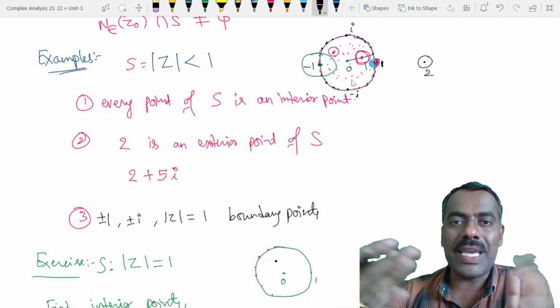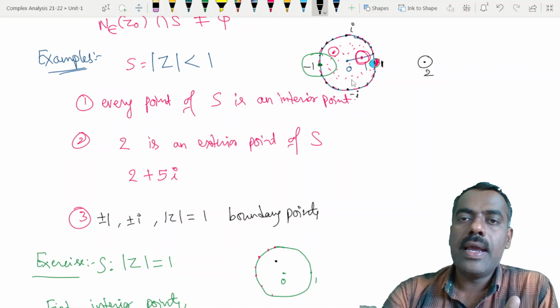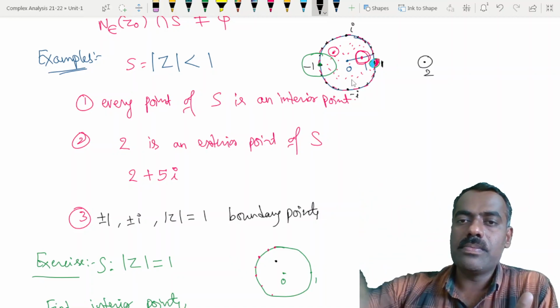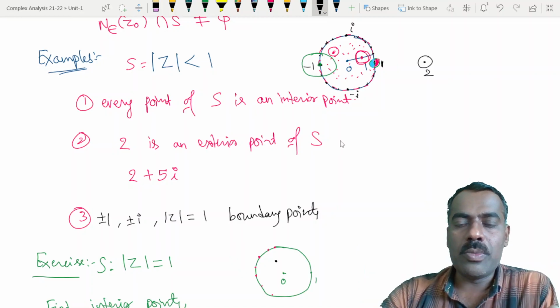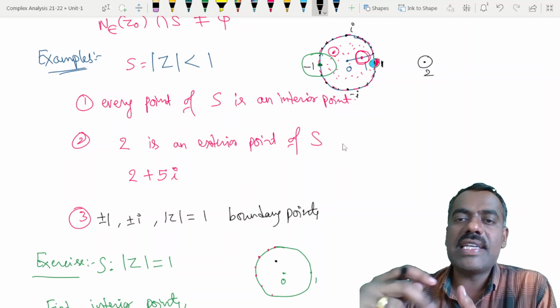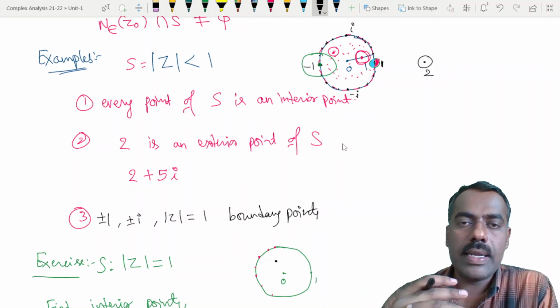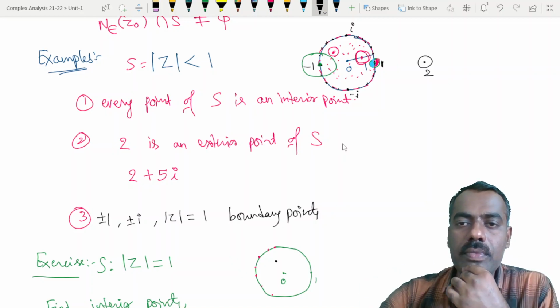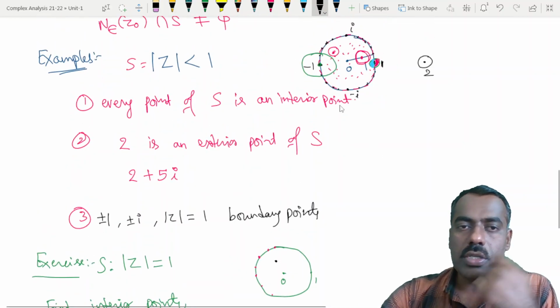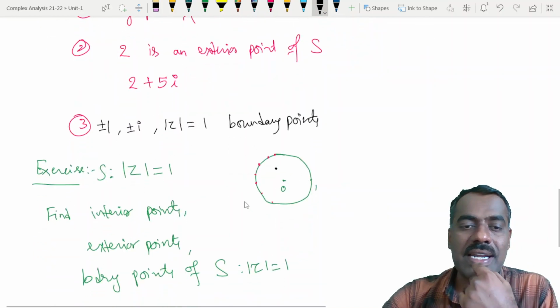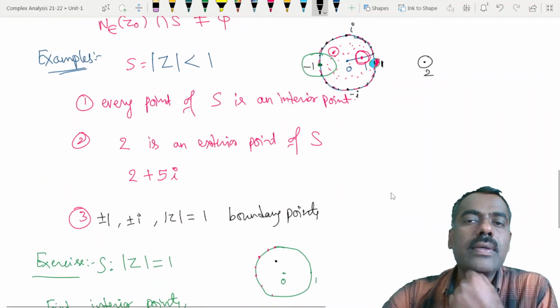It is just like you take a paper and cut in circle shape. Whatever you are going to get, that is mod Z less than 1. What about mod Z is equal to 1? It is just like a ring which we wear. Is that clear? So there is a difference between mod Z less than 1 and mod Z is equal to 1.